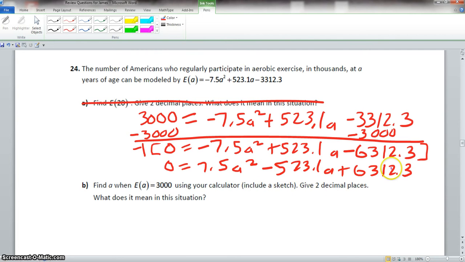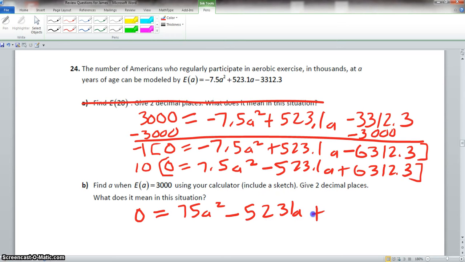Let's get rid of all these decimals. If we notice here, the largest amount of numbers we have behind a decimal is 1. So we will multiply everything by 10 to get rid of the decimal. So we will have 0 is equal to 75a squared minus 5,231a plus 63,123.